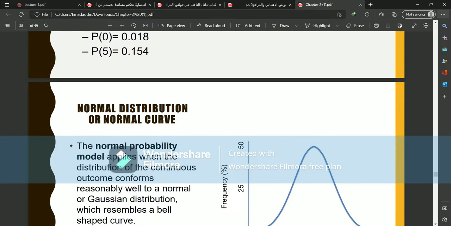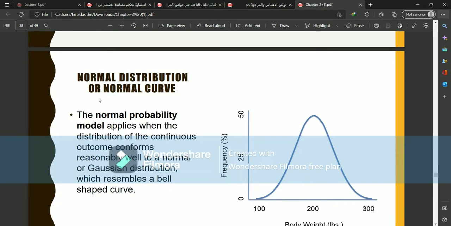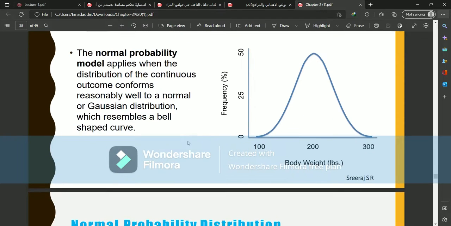The normal distribution or normal curve. The normal probability model applies when the distribution of a continuous outcome conforms reasonably well to a normal or Gaussian distribution, which resembles a bell-shaped curve.